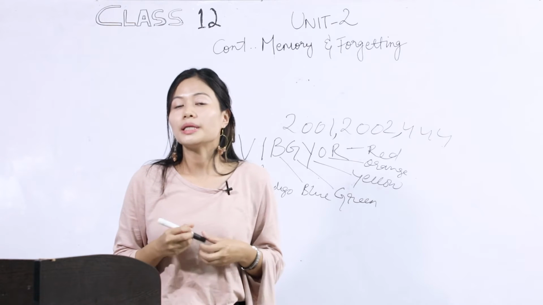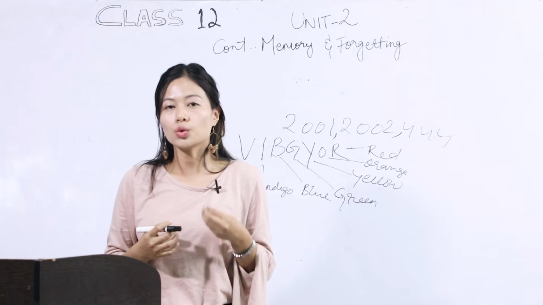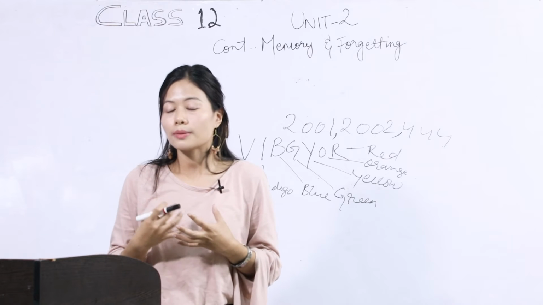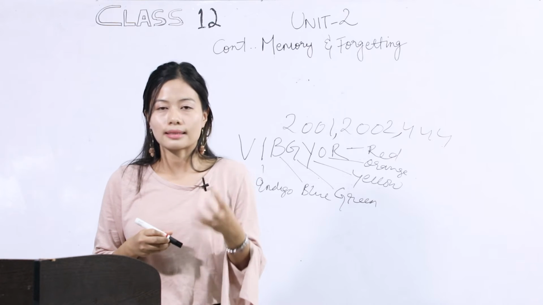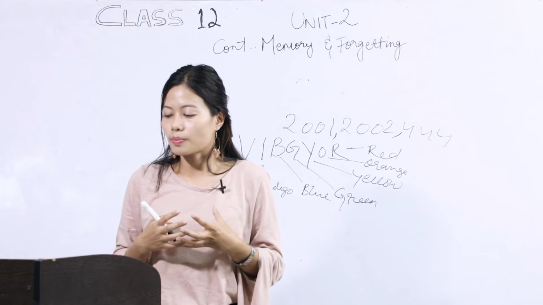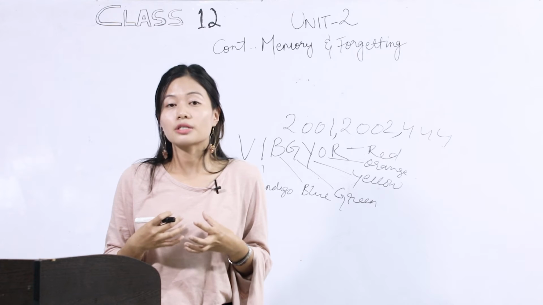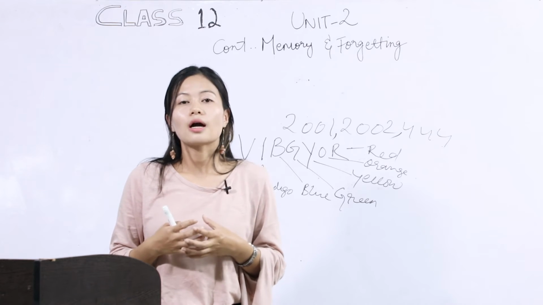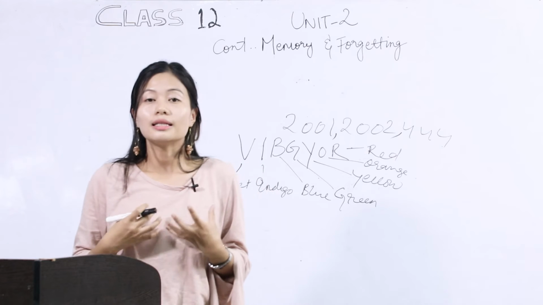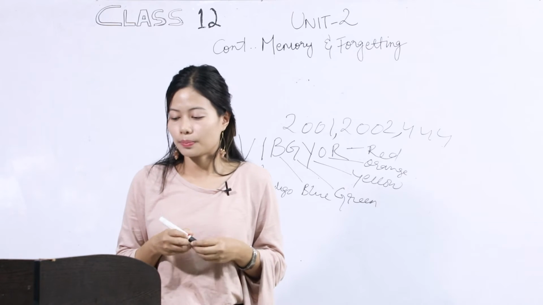One way to minimize interference is to sleep after studying. When you study at night, it's better to sleep after studying your notes, since people can't learn new material while sleeping.